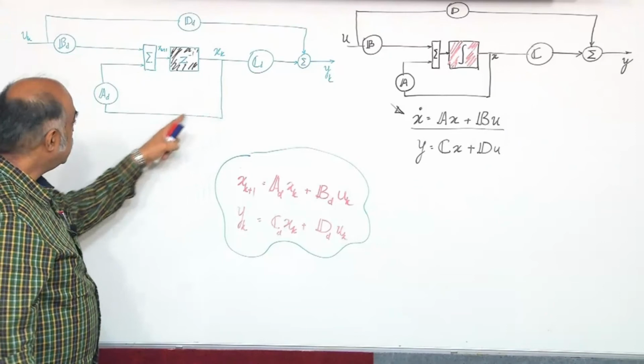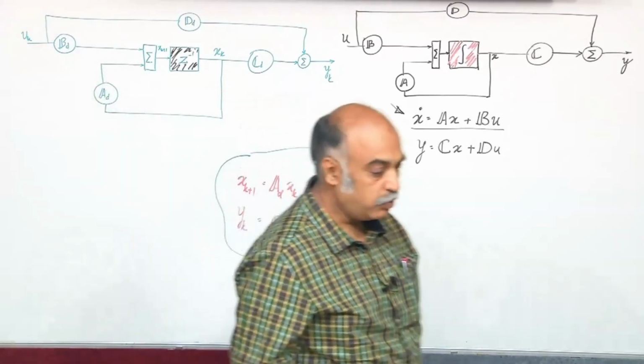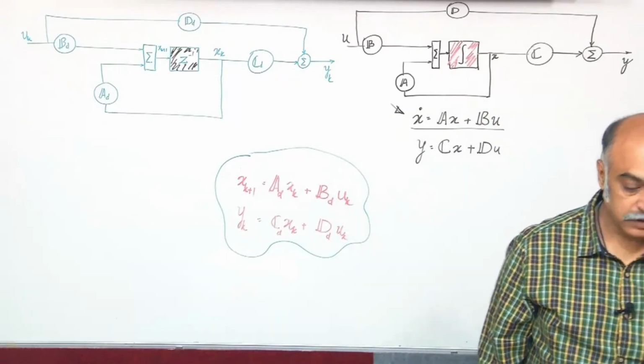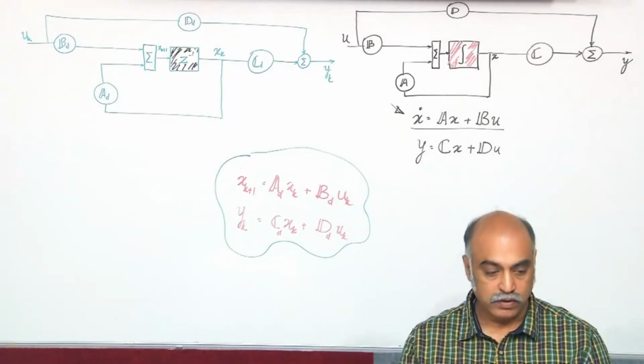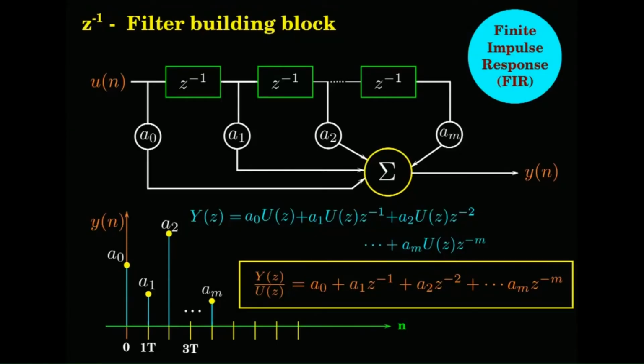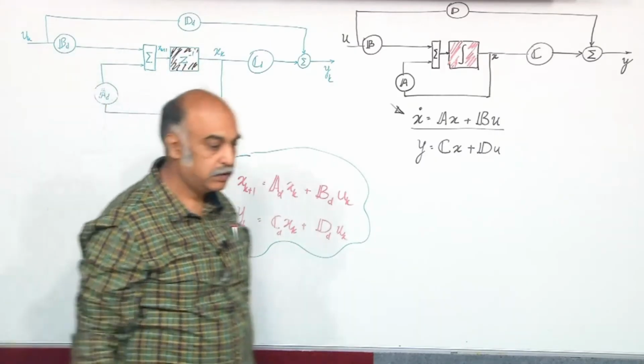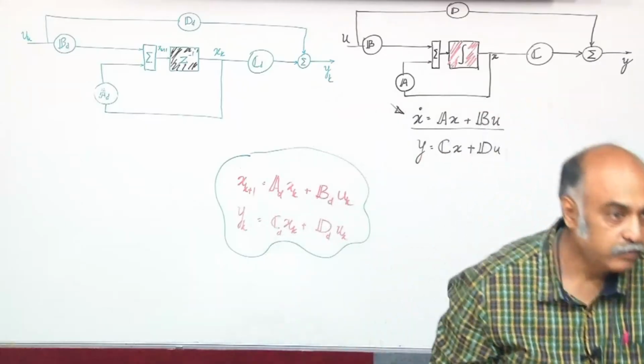Here also you will see local feedback. In fact, that is the most generic form of the filter. So, that is what we will extend this filter to. This is only one part of it, like this portion of that. Only the forward portion is this FIR filter.